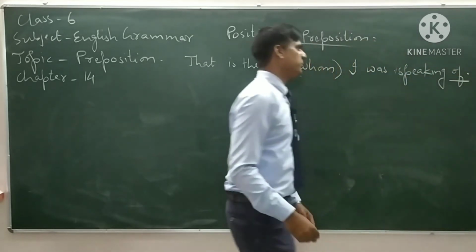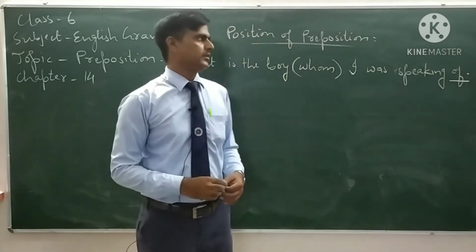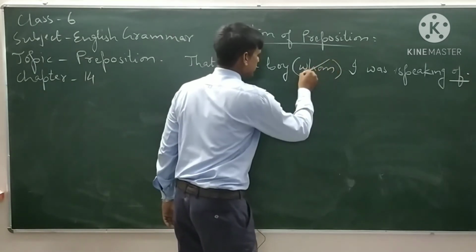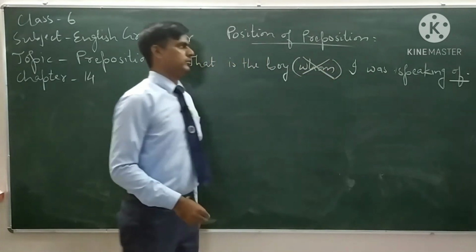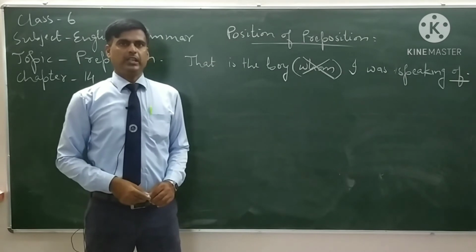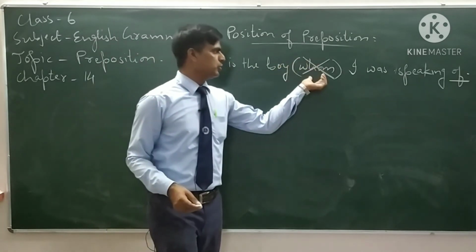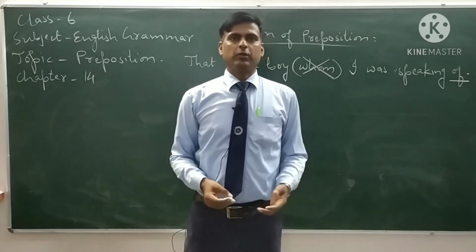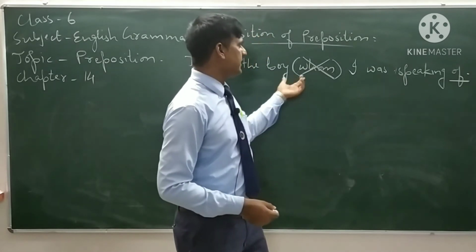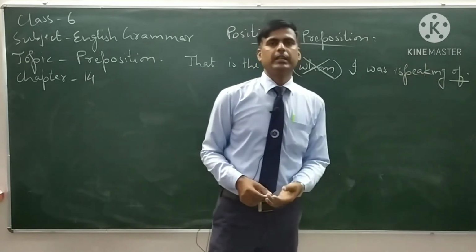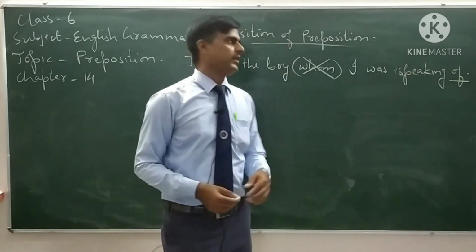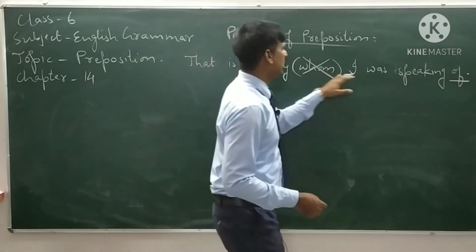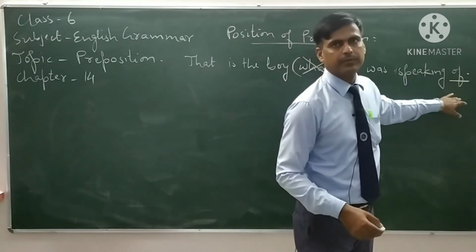See here, the preposition is placed in the end because we are not going to use this relative pronoun. If in a complex sentence we are not going to use the relative pronoun, in that case we can use the preposition in the end of the sentence. For example, that is the boy I was speaking of.